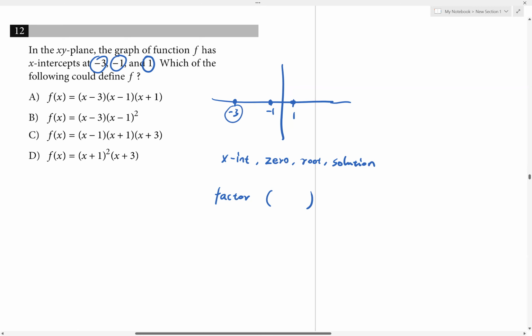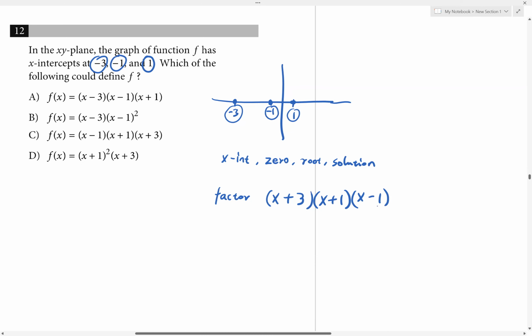If you have -3 as an x-intercept, then the factor should be x plus 3. Similarly, with -1 as an x-intercept, the factor should be x plus 1. And then we have 1 as an x-intercept, which is positive, so we make it a minus.